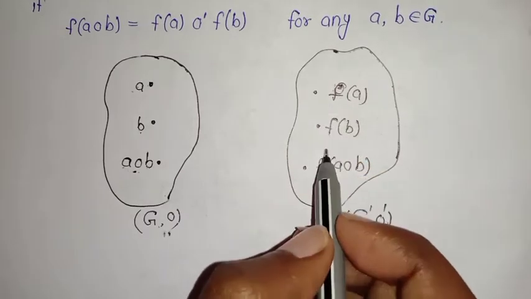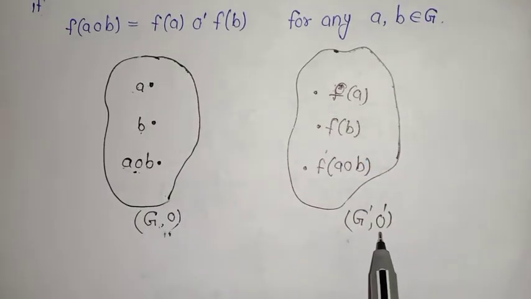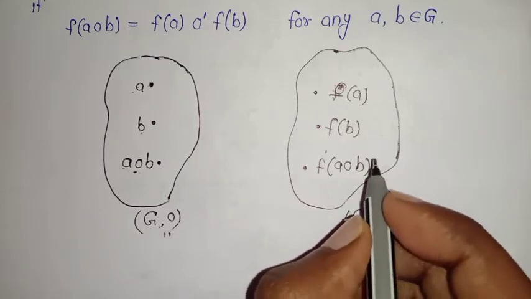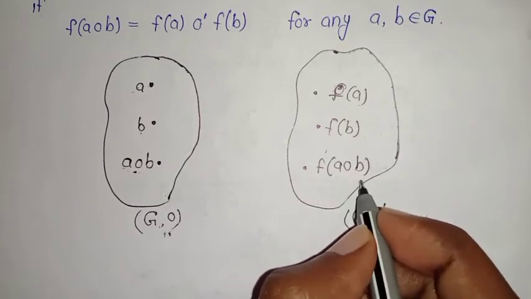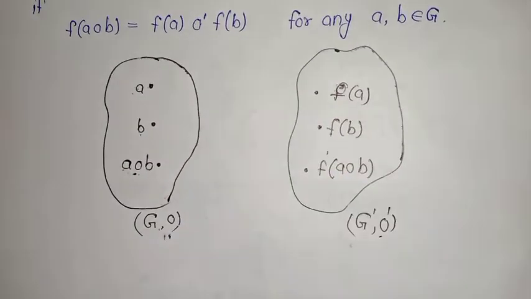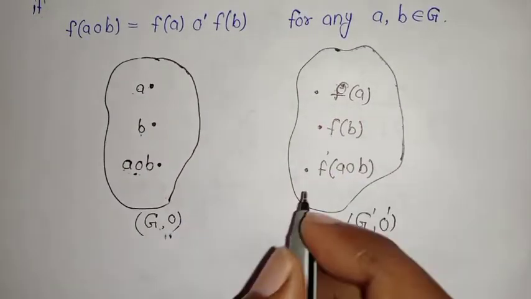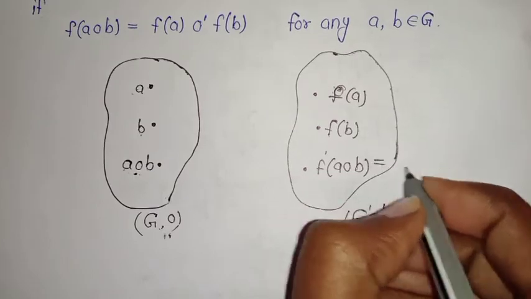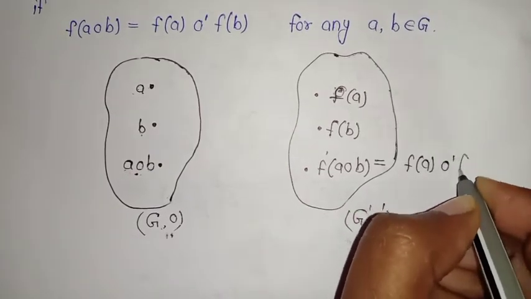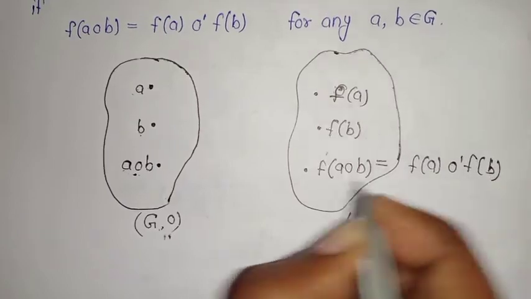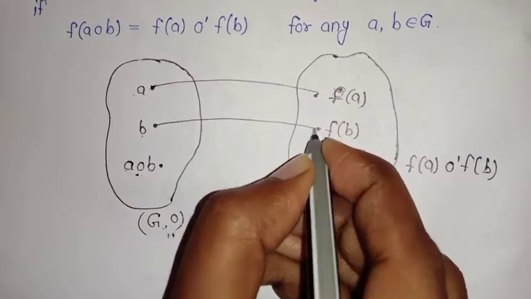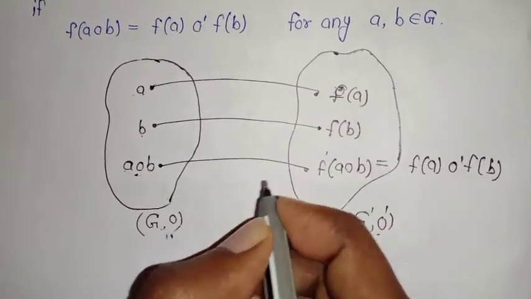So if we take these two elements and apply the binary operation of this group over them, the result must belong to the given group, and that will be equal to this element. So this implies that group homomorphism preserves the group operation. This will be equal to f(a) o' f(b). In this way we can easily understand that group homomorphism preserves the group operation.